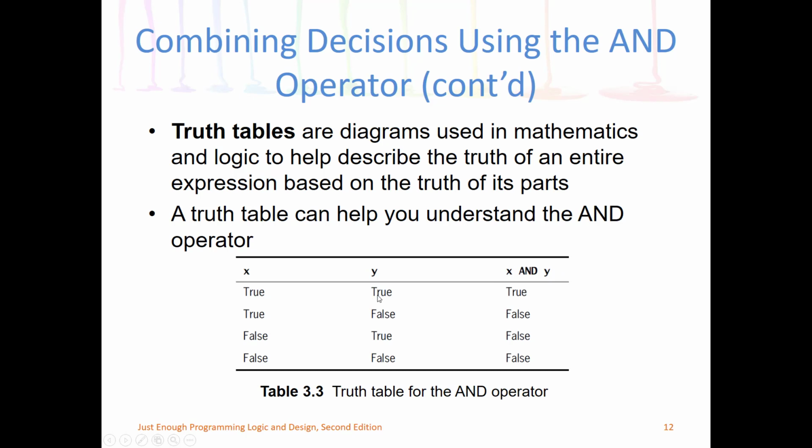So if they're both true, the whole thing evaluates to true. If x is true and y is false, it's false. If x is false and y is true, it's false. If they're both false, it's still false. So the only way that this expression, this AND operator, can evaluate as true is if both x and y evaluate to true. Okay?